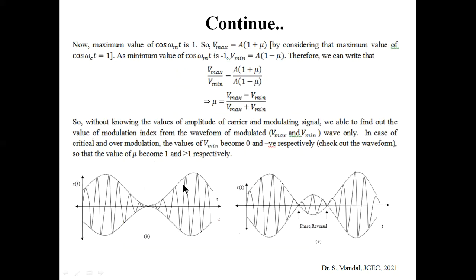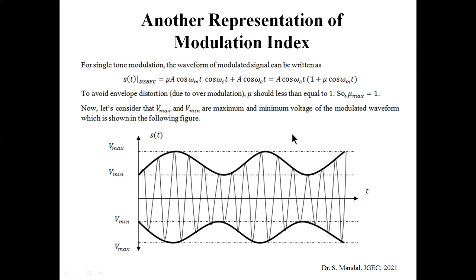Now consider that the maximum value of cos omega_m t is 1, and the maximum value of cos omega_c t is also 1. So if cos omega_c t equals 1 and cos omega_m t is also 1, then obviously we get the maximum value, because the minimum value of cos omega_c t and cos omega_m t is minus 1.